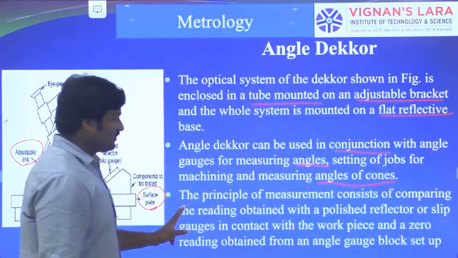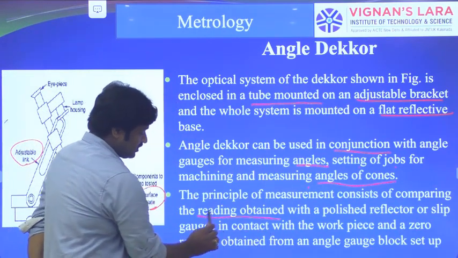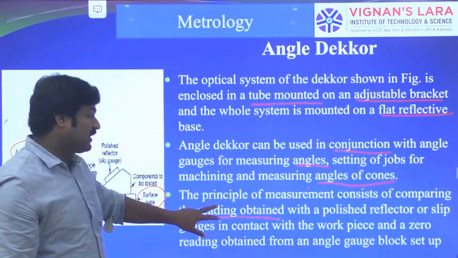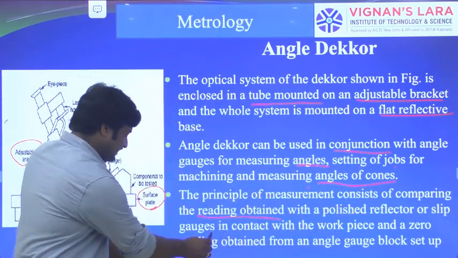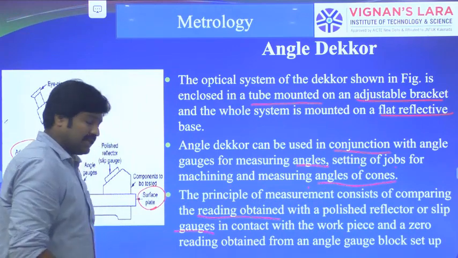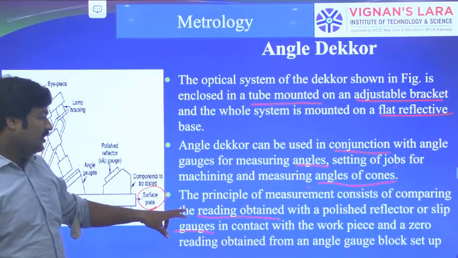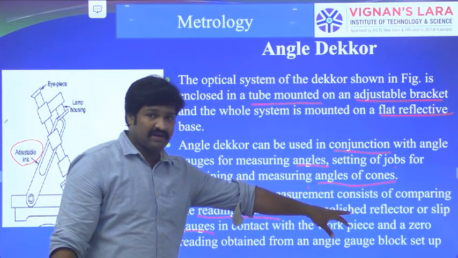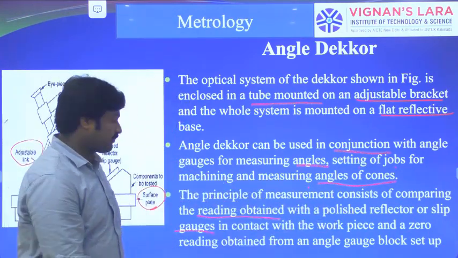So the principle of the measurement consists of comparing the reading obtained with a polished reflector or surface gauges. As we mentioned earlier, we can use surface gauges also, slip gauges also, with the polished reflector or slip gauges in contact with the workpiece.